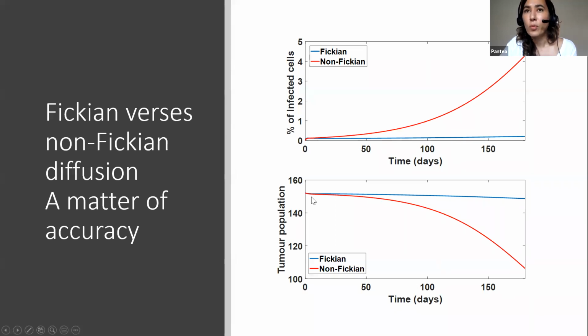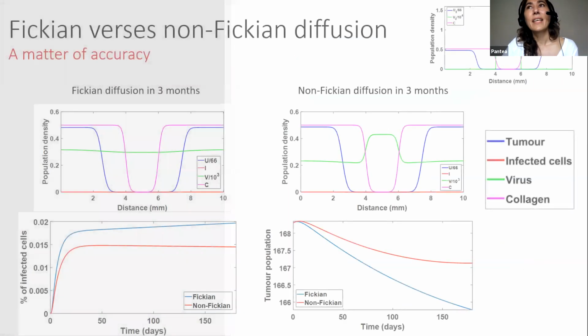In the same way, the non-Fickian virus is able to reduce the tumor population compared to the Fickian virus. So we see these differences in results in this case, where it seems the Fickian virus is underestimating infection and overestimating tumor population.